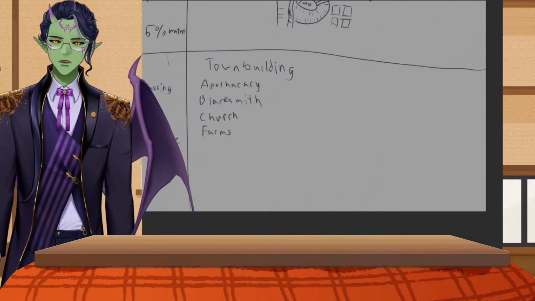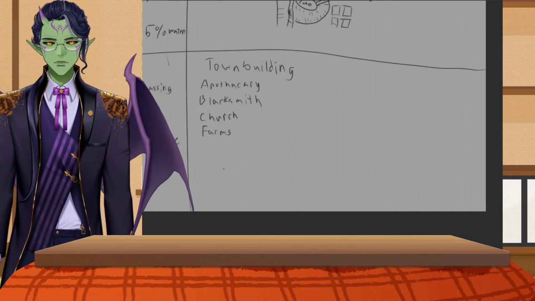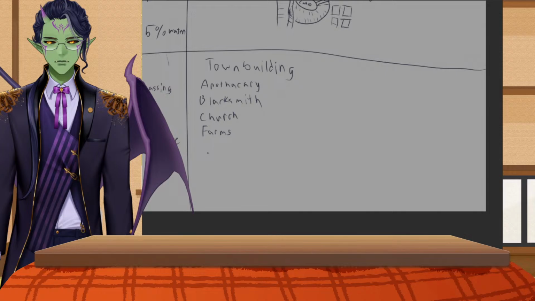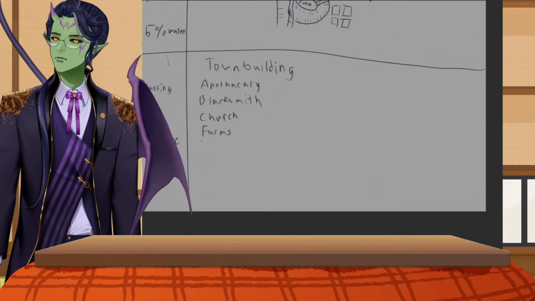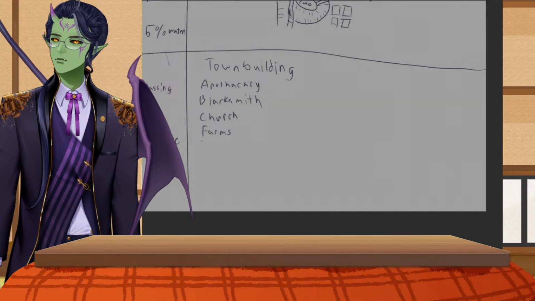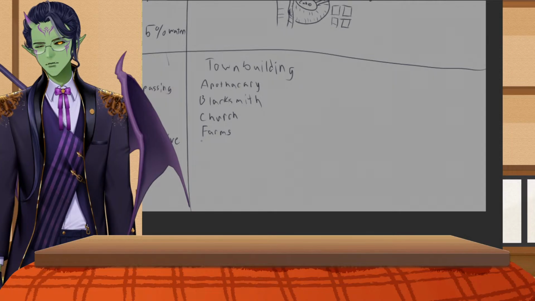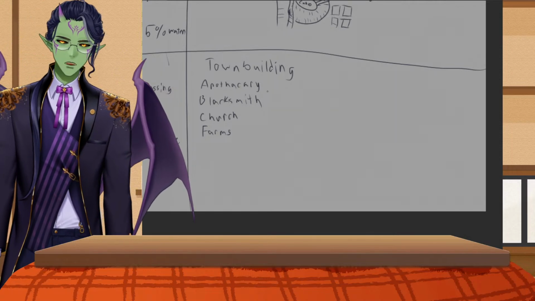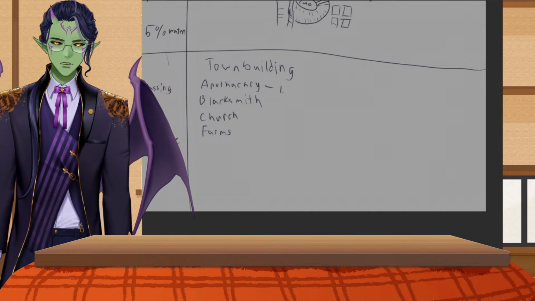Wow, I've done this in alphabetical order somehow. Well, if I think of a new building, it can't be any further than that. Training grounds? Yeah. So, the apothecary: better potions, more potions.